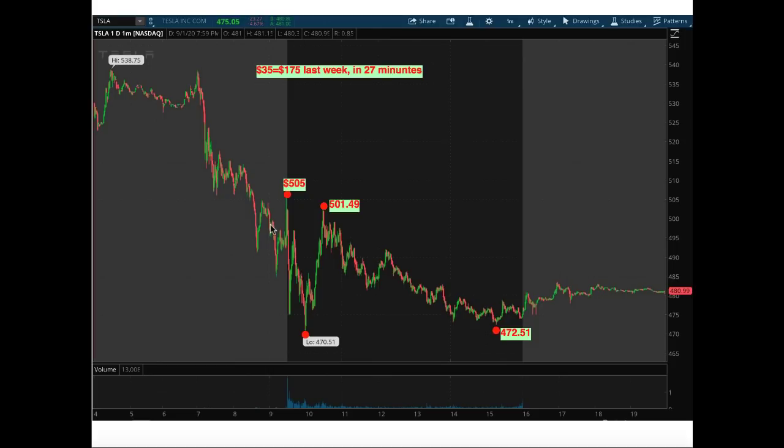So the point is the same thing I said: short Tesla at the open and on any intraday bounces. If you would have shorted Tesla at the open, within 27 minutes you would have tripled the money, if you got the right strike.